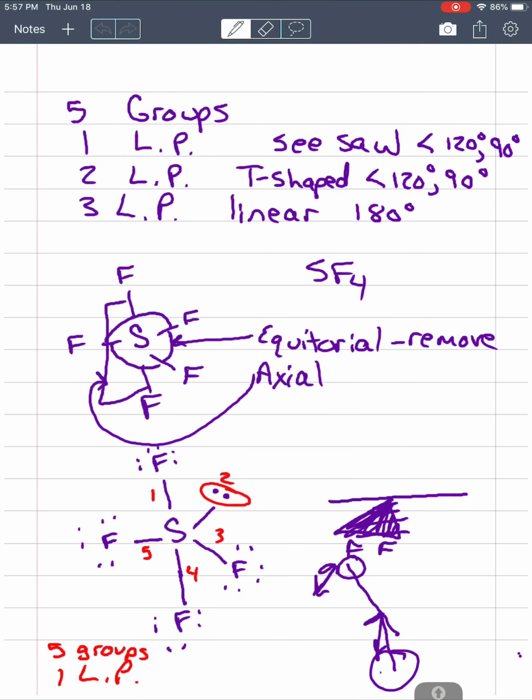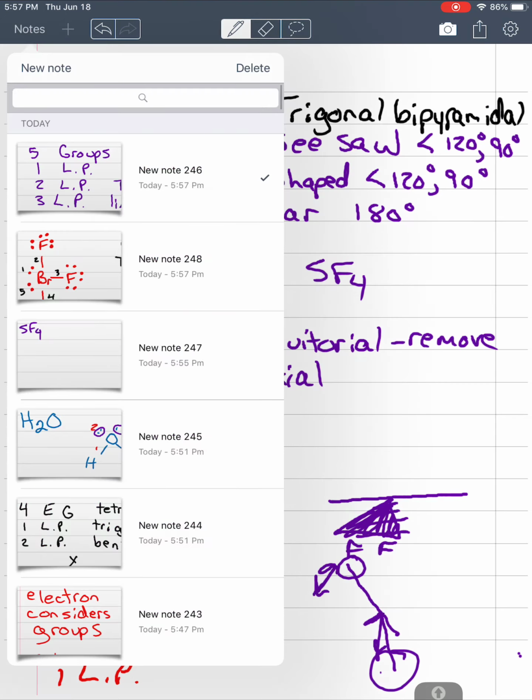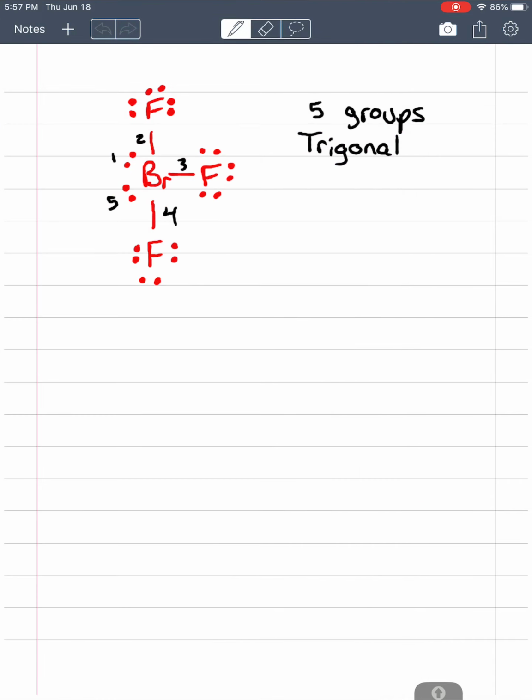What did I put on the other page? Nothing. Okay. That's the electron geometry.